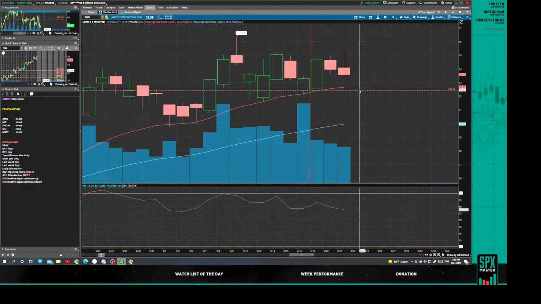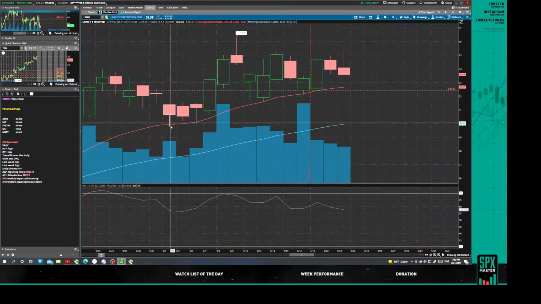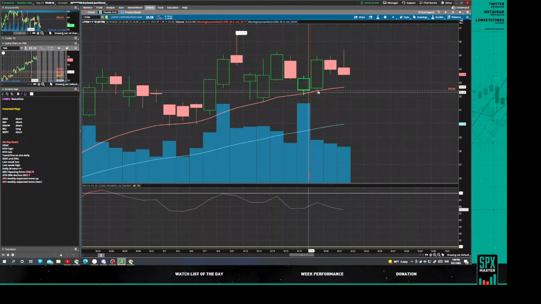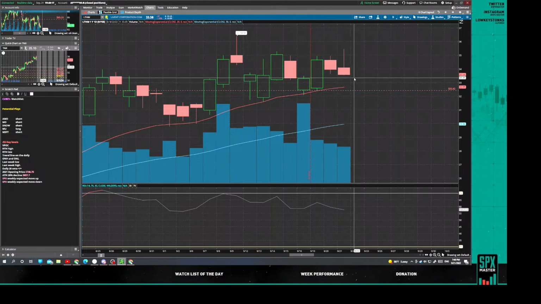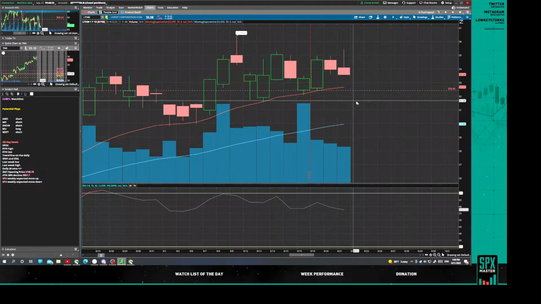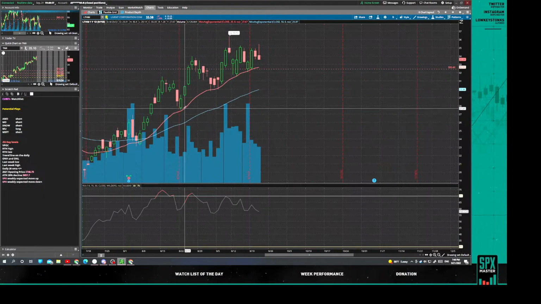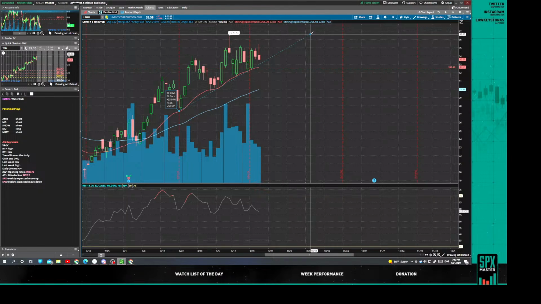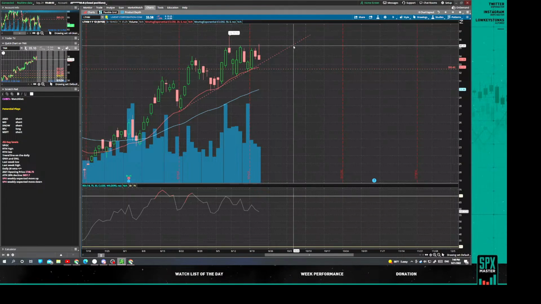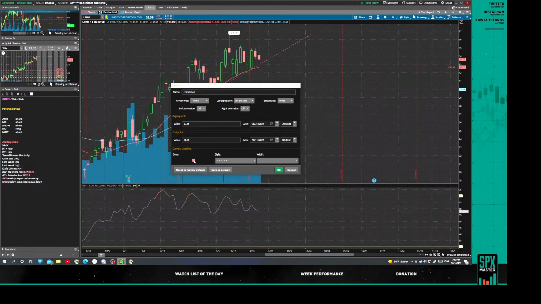If you notice, there's a lot of bounces off the daily 20: 1, 2, 3, 4, 5, 6. So if you short this tomorrow, you look for potential profits, take profits right here, or see if it breaks. If it finally breaks, then you're looking for the trend break, the very first day that it breaks the daily 20.